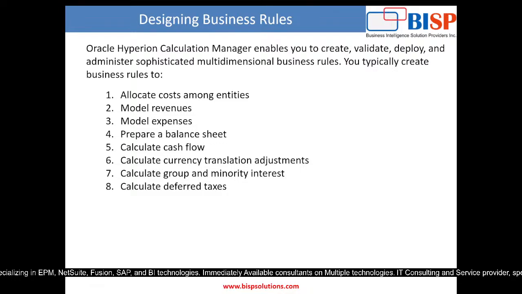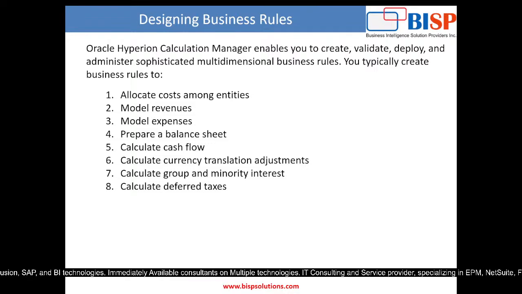Now we will understand why designing business rules is important. As I previously explained, Oracle Hyperion Calculation Manager enables us to create, validate, deploy, and administer sophisticated multi-dimensional business rules.